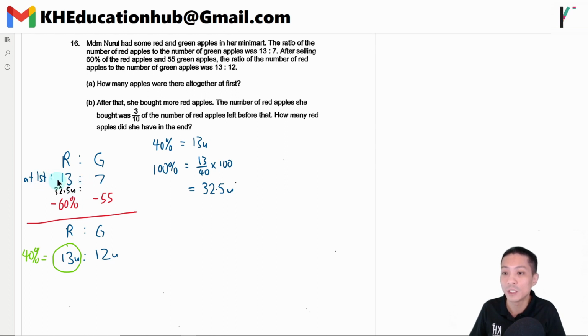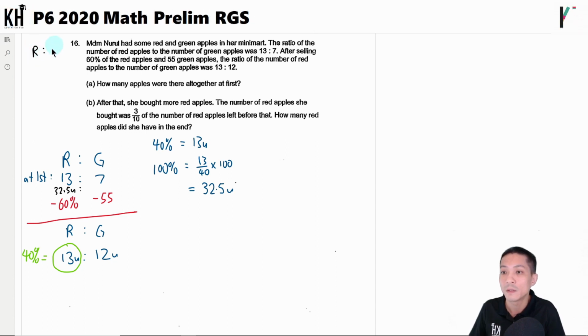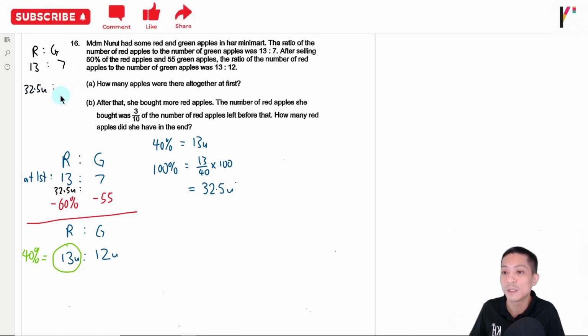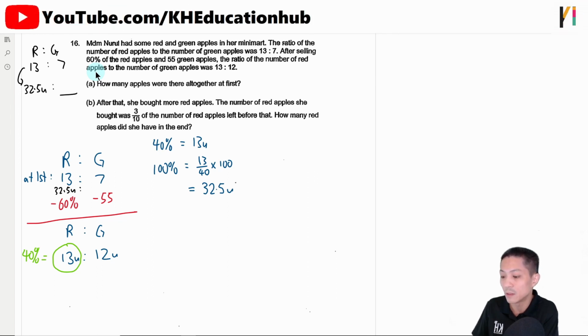Okay, if I change this to 32.5, it's a bit difficult to see, so maybe I'll write it over here. Red is to green, right? If it's 13:7, and I want to change it to 32.5 units, what is the unit over here? If you key into a calculator, 32.5 divided by 13, you just have to multiply it by 2.5.